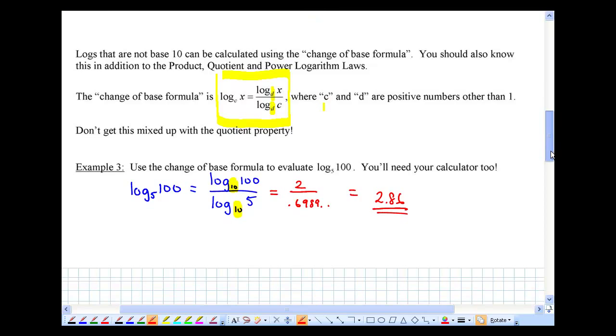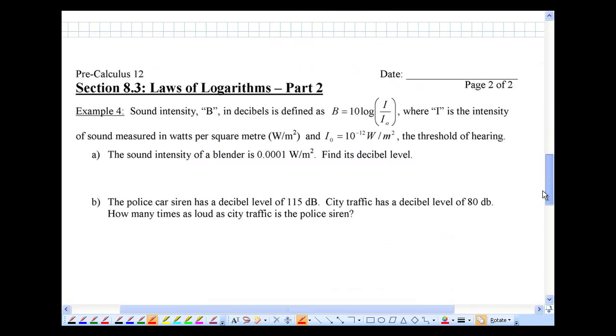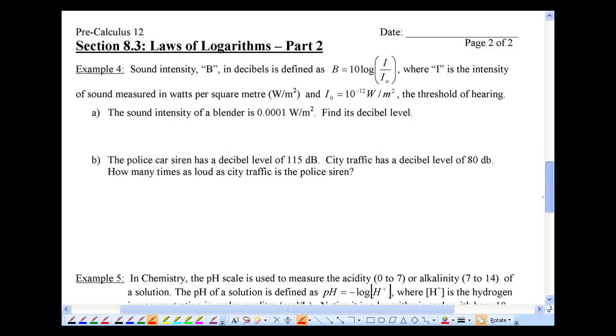It's time to move on to the word problems now. I'm going to show you two that are very, very common in life. First one's going to be talking about sound. I don't know if you know about sound intensity or decibels, but the sound intensity, and I'm going to use the letter B to represent that, in decibels is defined as this formula.